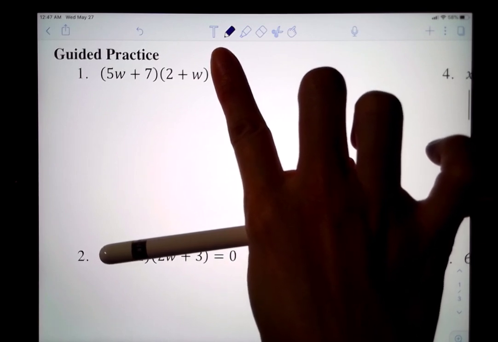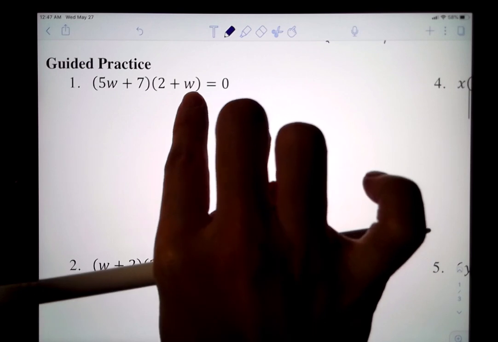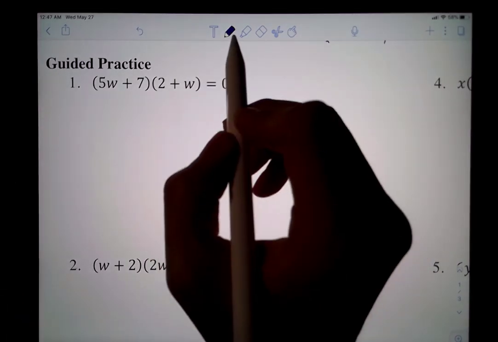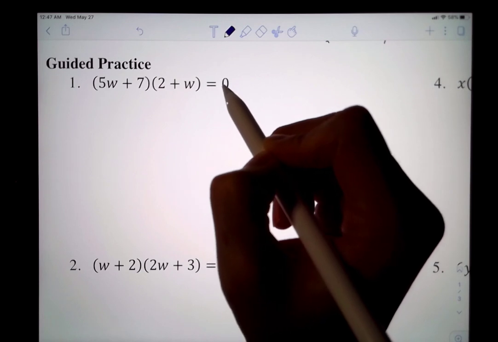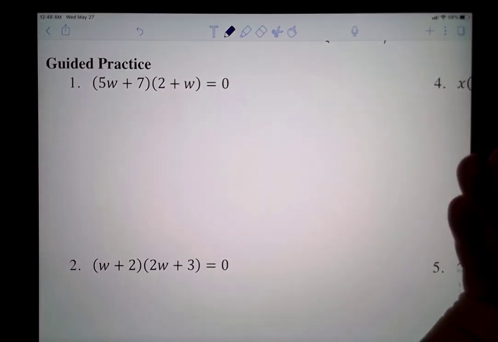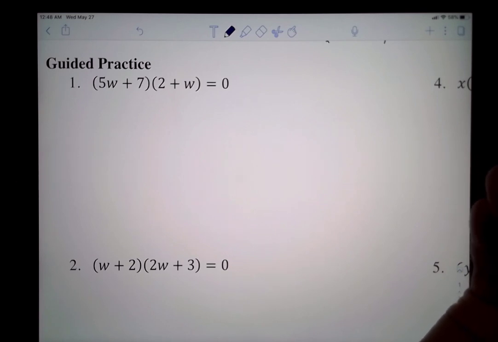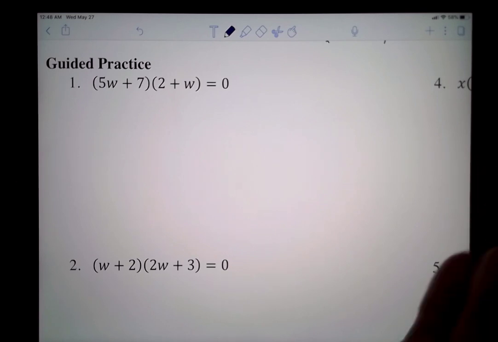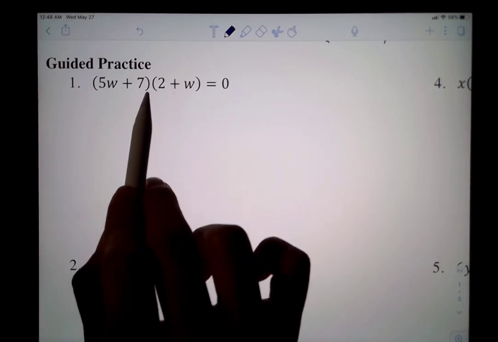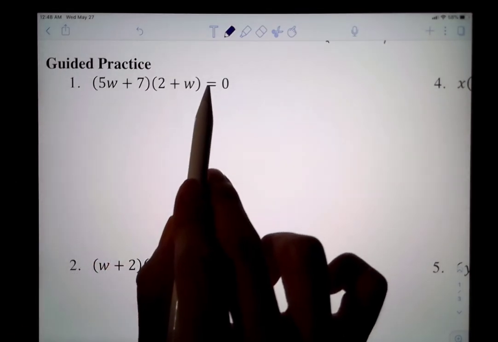When we factor, we just get this one as an answer. But now we are solving quadratic equations, so you have an equal sign and 0 on the other side. There could be another number, but we're just starting, and today is the first day of learning quadratic equations, so we started with a simple problem. It's just factored and you have equals 0.